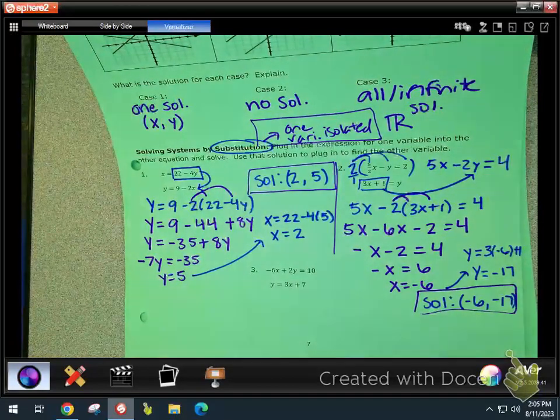Another side note on these. It is 1,000% possible to get solutions that are not nice, pretty whole numbers. Totally possible. Lines can cross, and they don't have to cross at a nice little whole number.